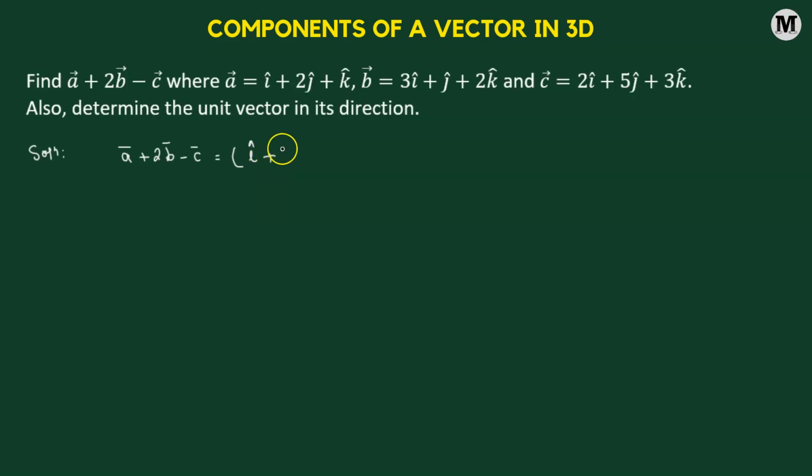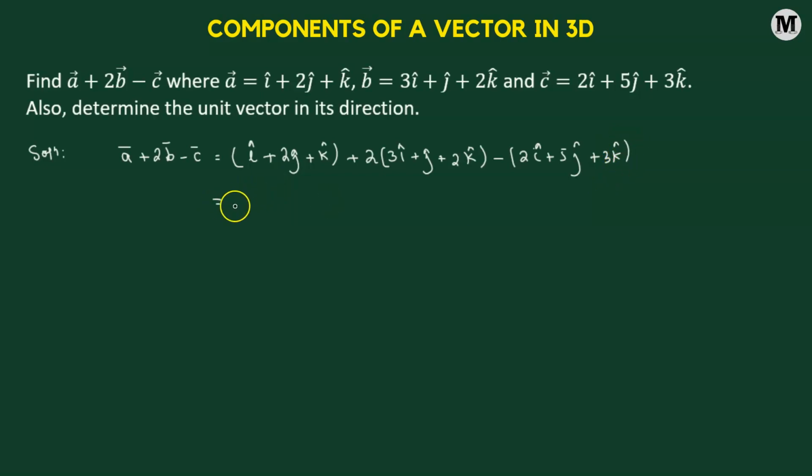So here we have i cap plus 2j cap plus k cap. So this is the vector A, added to 2 times the vector B. That means we have 2 times 3i cap plus j cap plus 2k cap. Then we have negative C vector, so that's 2i cap plus 5j cap plus 3k cap.